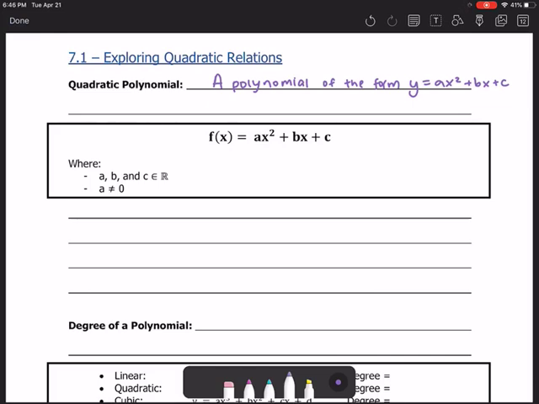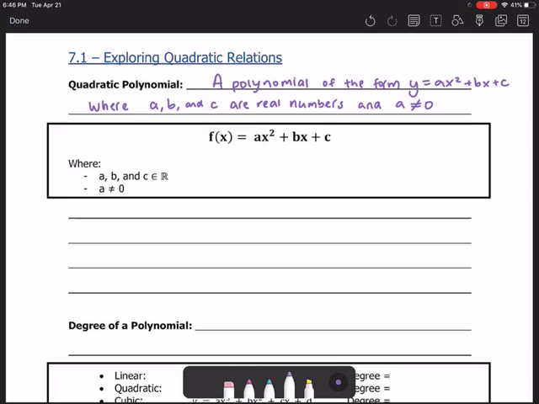So that's dope. A couple of things is that a, b, and c are just real numbers. Right, so they could be decimals, they could be fractions, they could be positive, they could be negative. The only major restriction is that a cannot equal 0.